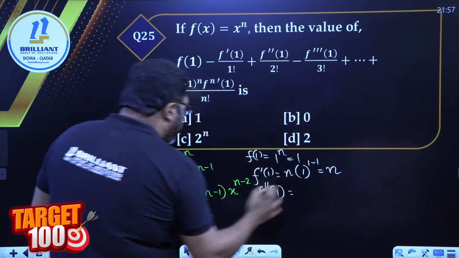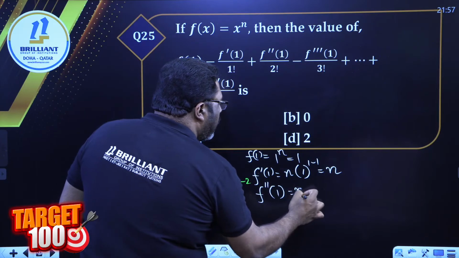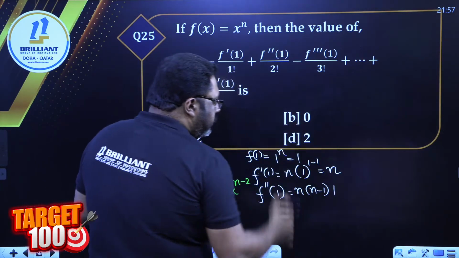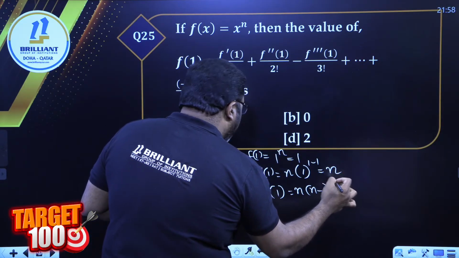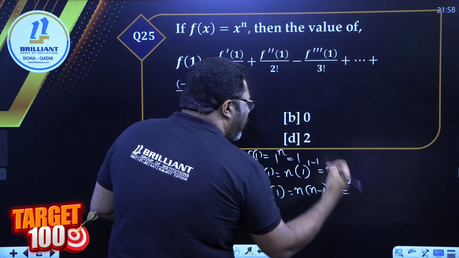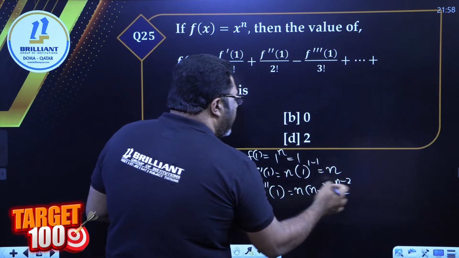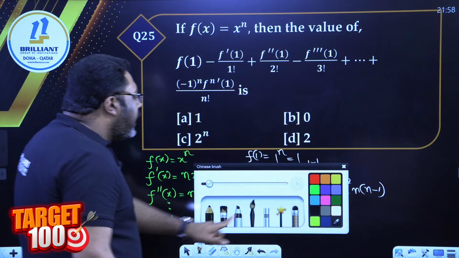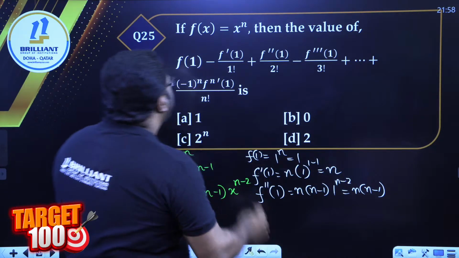It's going to be n into n minus 1 into 1 raised to n minus 2, which power of 1 is not going to affect us. It's going to be n into n minus 1. If I keep going like this, I can write an expression here, all of you.